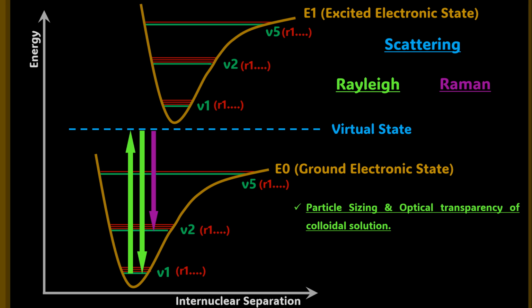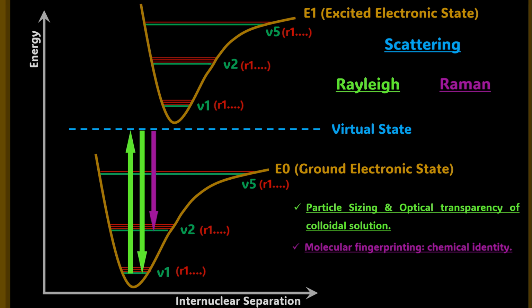Since there is no change in the electronic energy state of the molecule, it lies in the vibrational energy state. And since there is a difference in the frequency of the incident and the released photon, that indicates that there is an interaction of the photon with the molecule, it gives us the molecular fingerprint and helps us in identifying different functional bonds, and different vibrational or rotational states of the molecule.